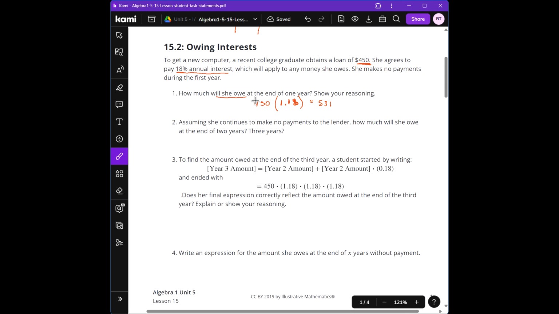So at the end of year 2, we're going to have the 531.